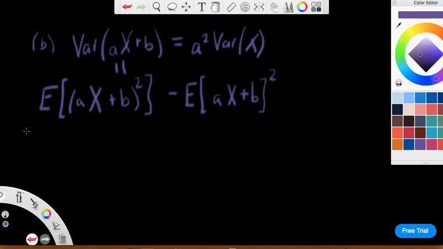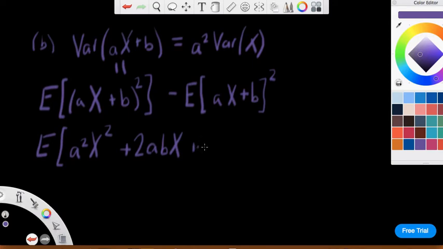So we'll expand this out, much like we did in the last part, to be expected value of a squared X squared plus 2abX plus b squared. That is a plus symbol.